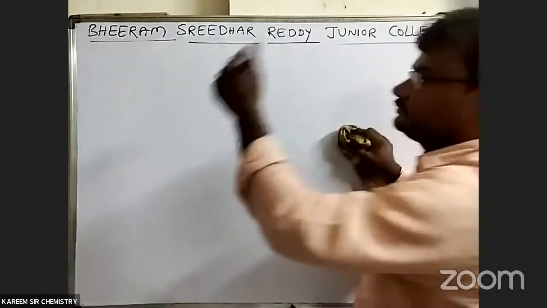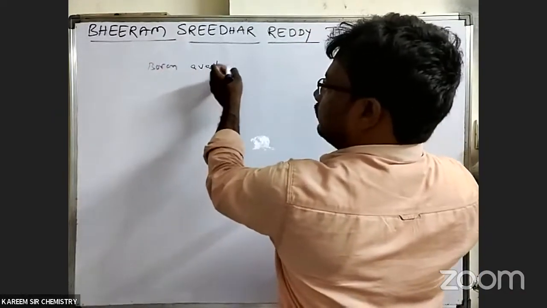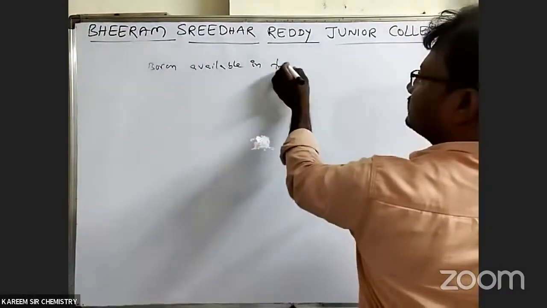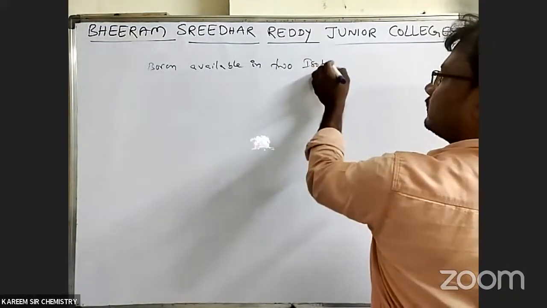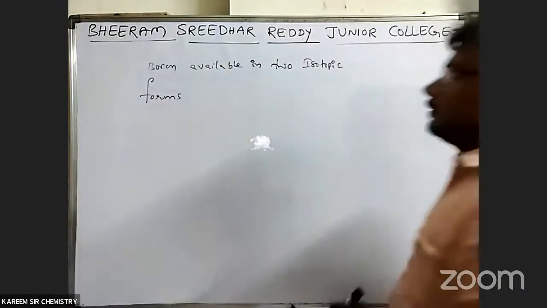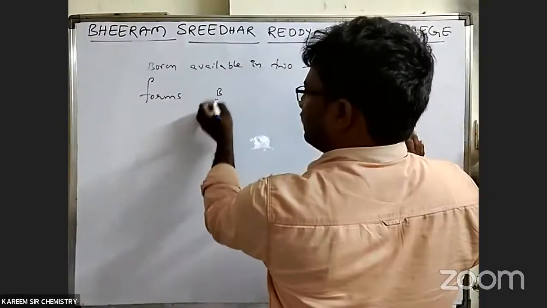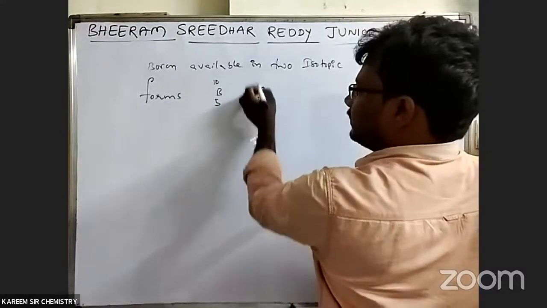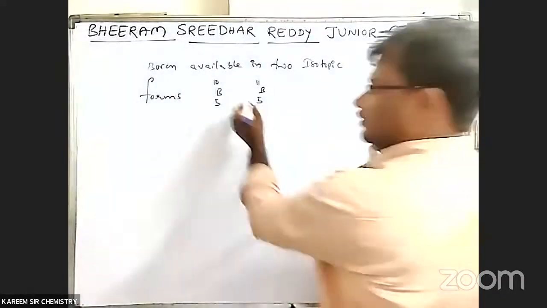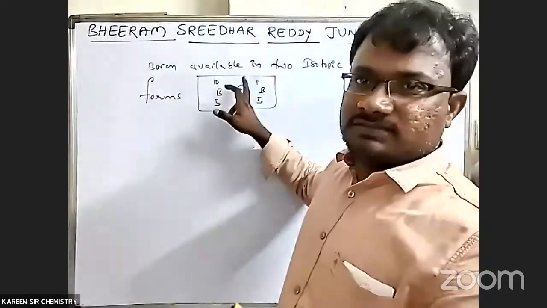See here now. Boron is available in two isotopic forms, B-10 and B-11. One has mass number 10 and the other has mass number 11.